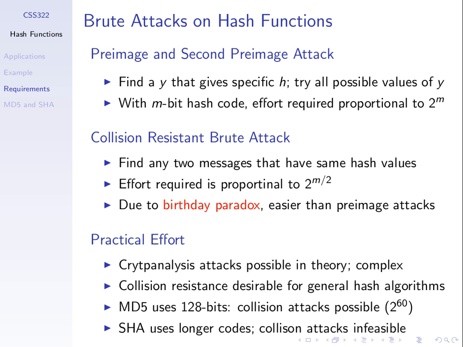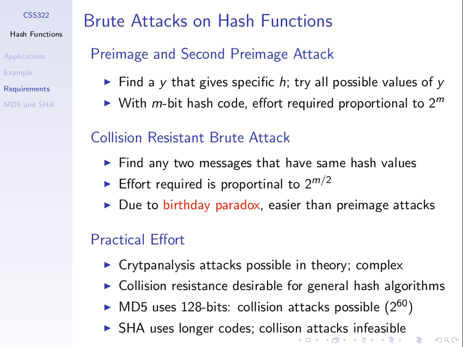For example, MD5 is a hash algorithm that produces a 128-bit hash code. The amount of effort to break the MD5 algorithm with respect to the one-way property, or the pre-image property, and also for the weak collision resistance, or second pre-image resistance property, is proportional to 2 to the power of 128.